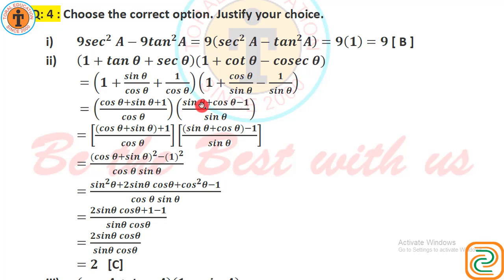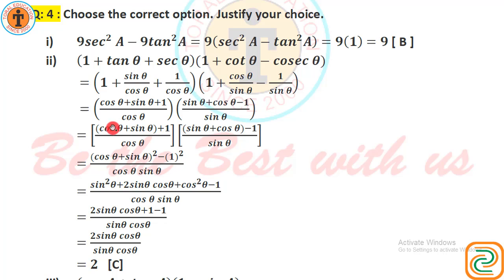Similarly, here the LCM is sin theta, sin theta plus cos theta minus 1. Right? So what is there? Here cos theta plus sin theta is taken into one bracket and another bracket. Sin theta plus cos theta is taken into another bracket minus 1. So what is it? Cos plus sin whole square minus 1 whole square.